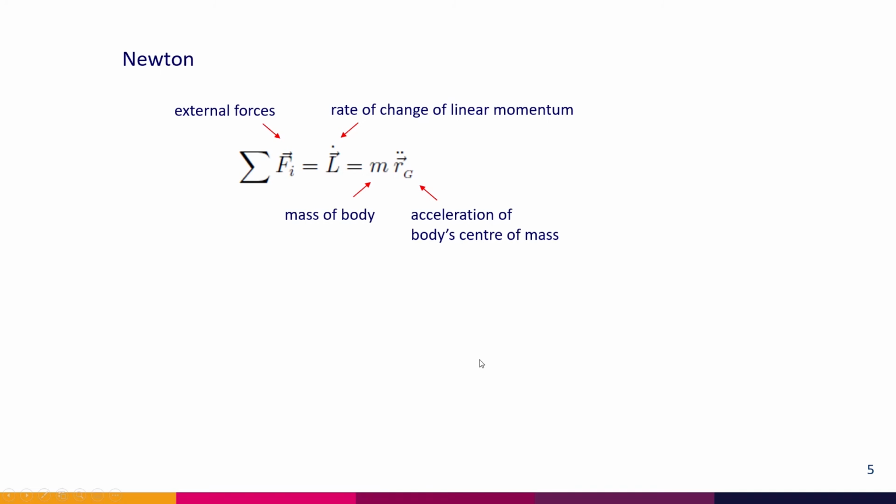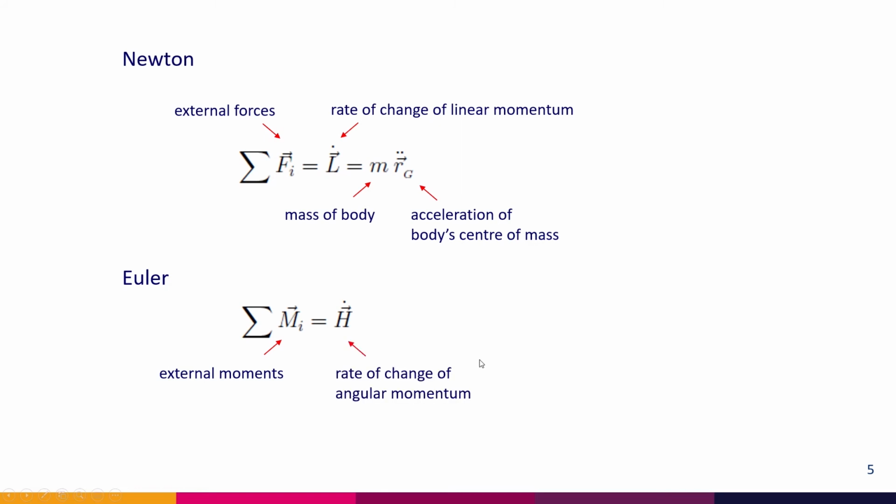This takes care of linear motion, but in order to cover angular motion, we have to look at a separate equation, which was formulated by Euler. This says that the sum of the external moments on a body is equal to the rate of change of the angular momentum.